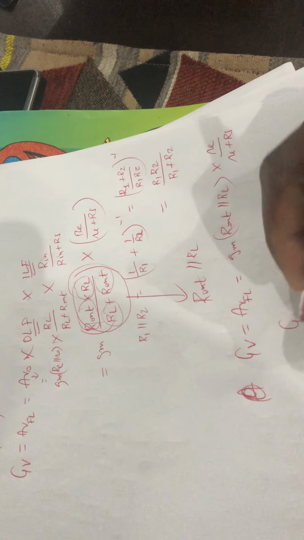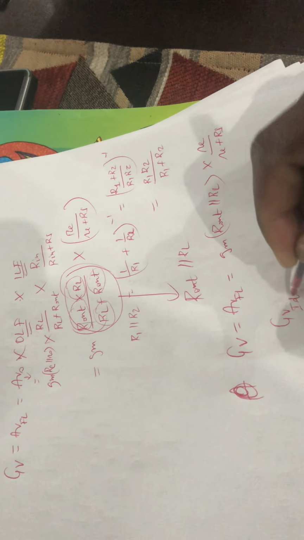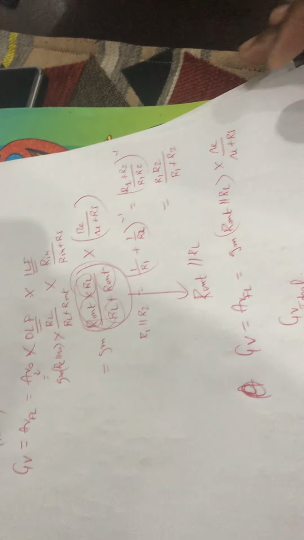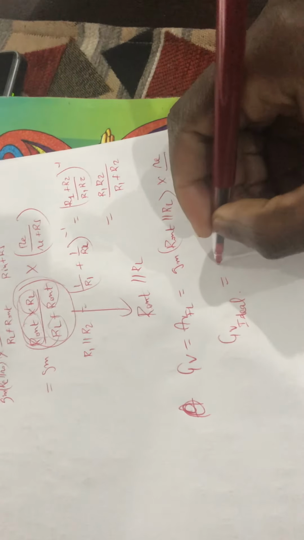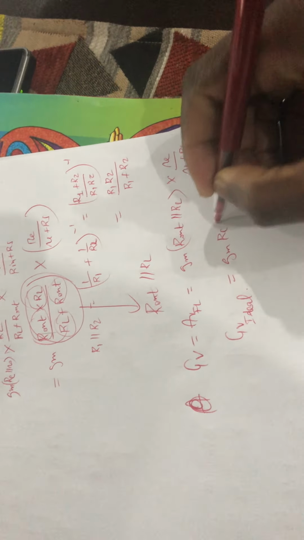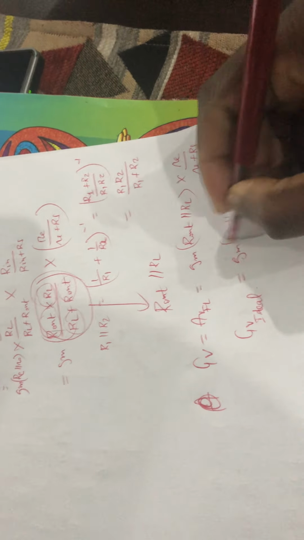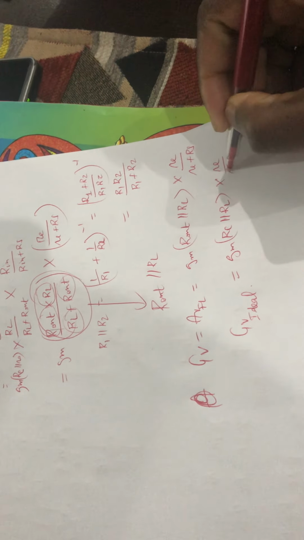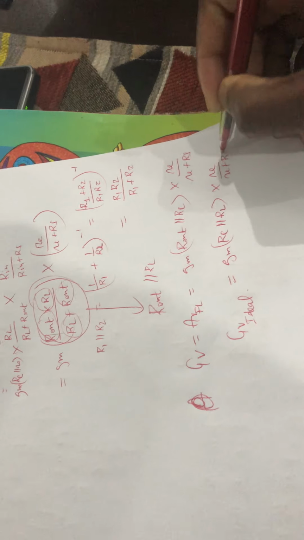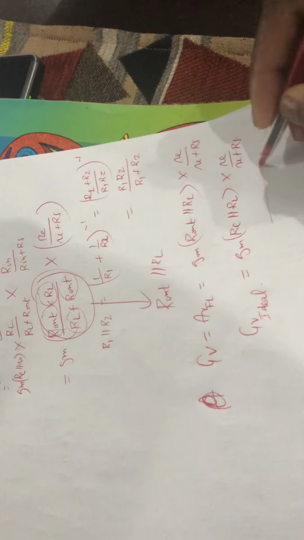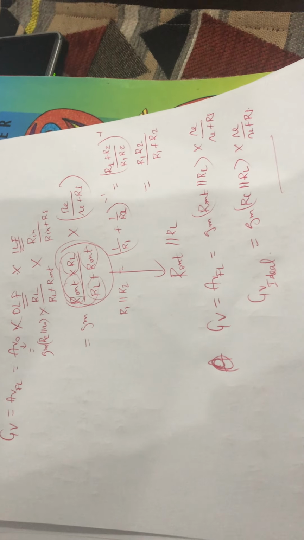And in the ideal case, where R out is just made up out of Rc, that will be gm Rc in parallel of RL times Re over Re plus Rs, as provided in the notes. Okay, now you know where it comes from.